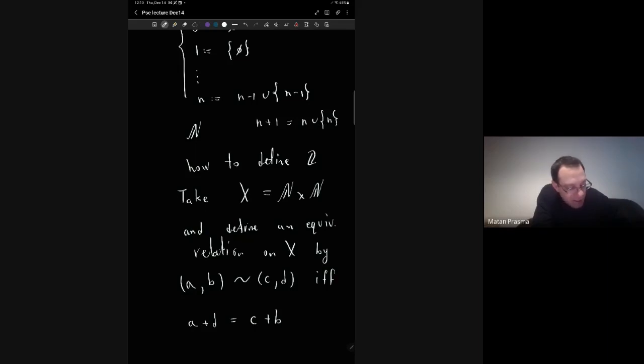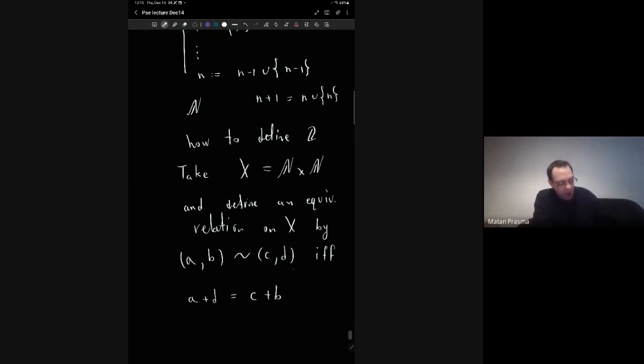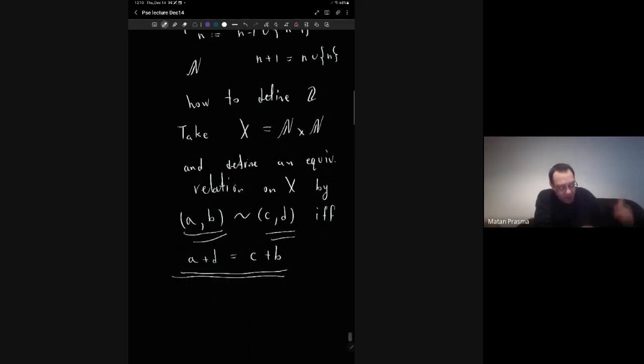So by union of sets, you have addition on natural numbers. Now I declared a pair (A, B) to be equivalent to another pair (C, D) if this relation is satisfied. And you can think of (A, B) as representing A minus B.